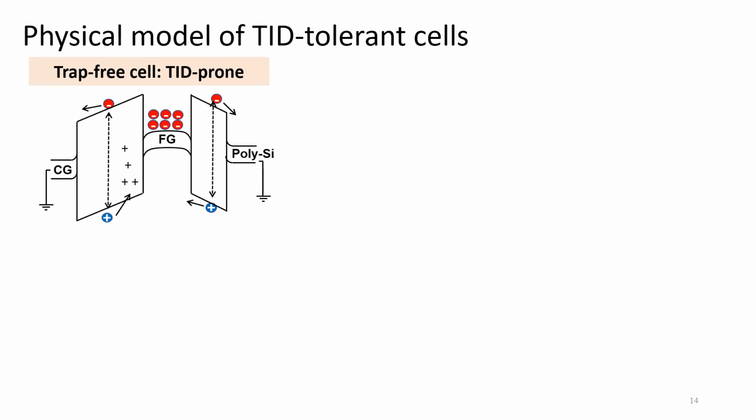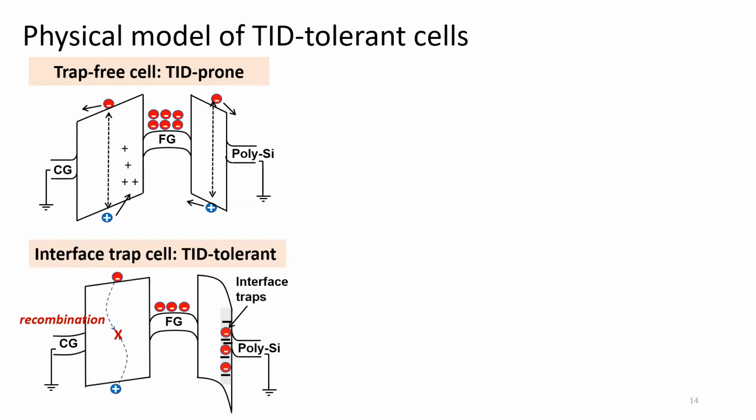A trap-free cell, which is an ideal flash memory cell, is found to be more radiation prone because a trap-free cell will have a higher oxide field, and oxide fields are very critical to separate radiation-induced electrons and holes. So after ionization, holes will be trapped in the oxide in a trap-free cell.